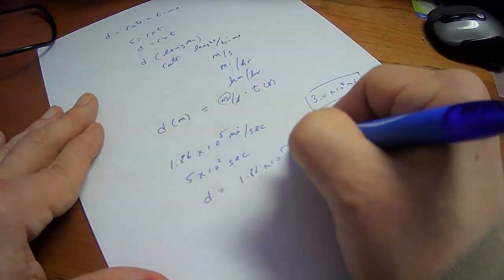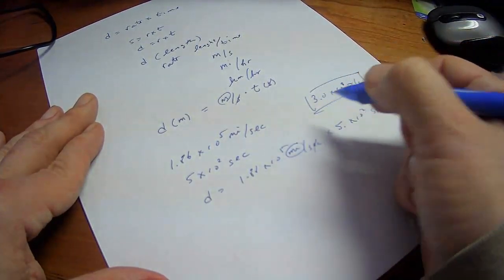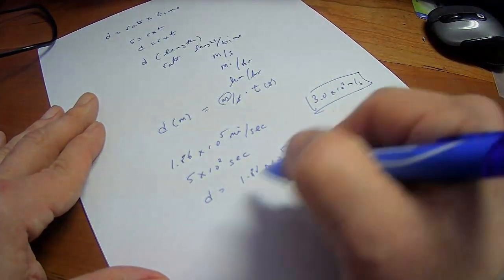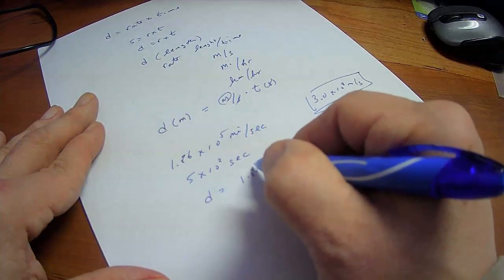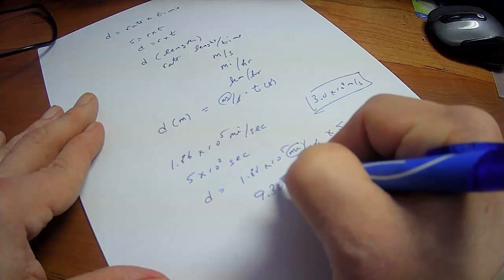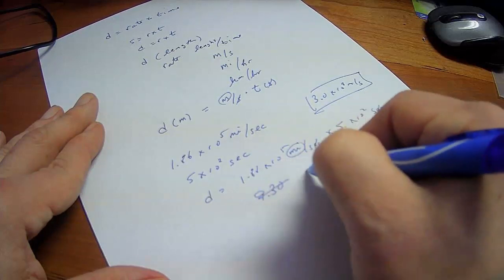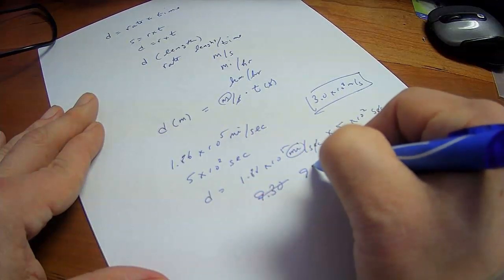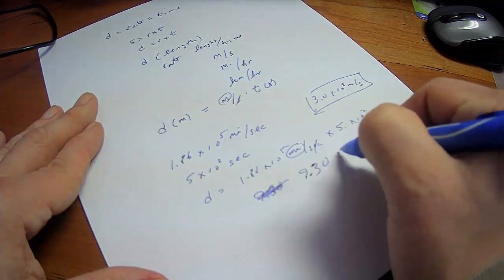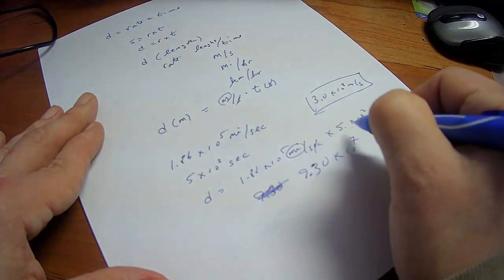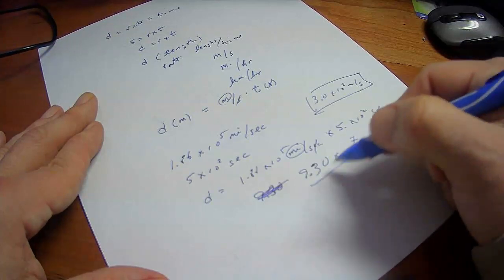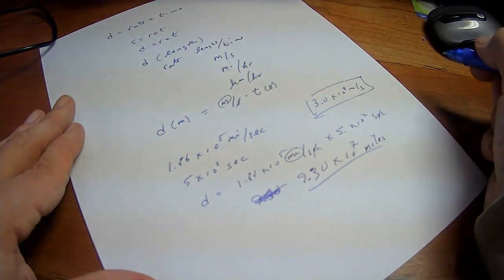I'll be left with miles, which is exactly what I want. So 1.86, that's going to be times 5. That's almost 2. So it's going to be 9.30 or 93.0. No, 9.3. Sorry. 9.30 times 10 to the 7 is going to be my distance, 93 million miles, which you well know.